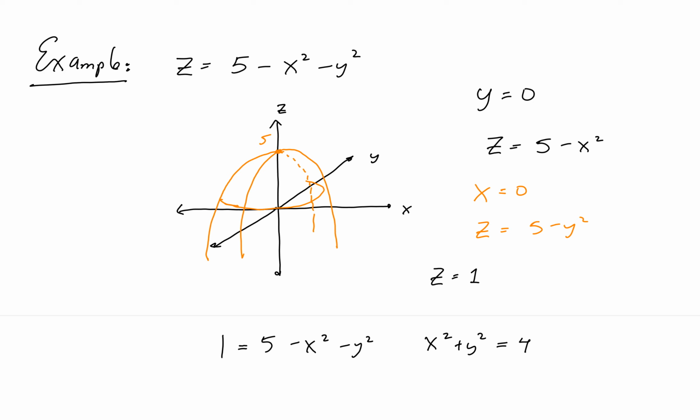So I get a circle like this up here. So we can see all of these are going to be circles of various radius. So you can see this is like a bowl facing downwards. We did that just by taking some particular values and graphing things we knew already in 2 dimensions and using those to interpolate what our overall graph would look like.